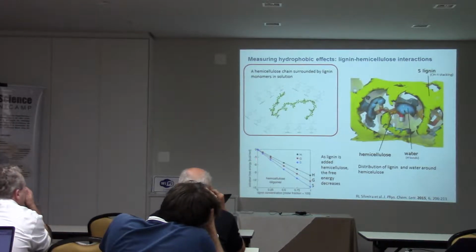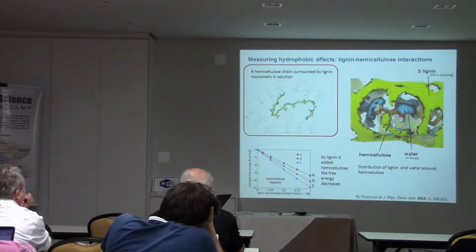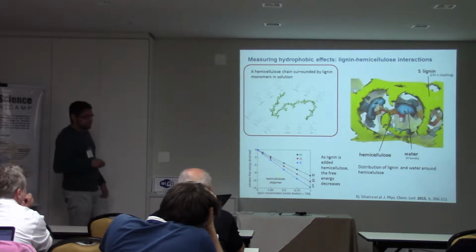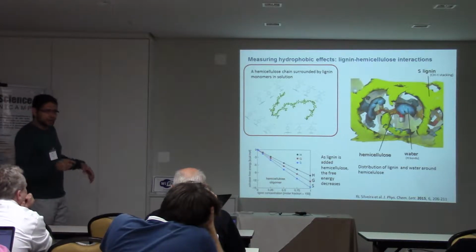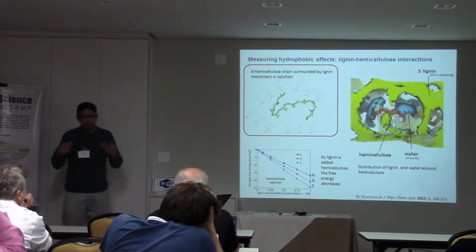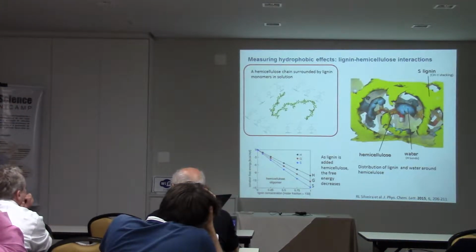So this is the thermodynamics, right? As I increase the lignin concentration, I observe a decrease in solvation free energy, which means that the lignin monomers are comfortable around the hemicellulose. The more lignin I add there, the more stable is the system.